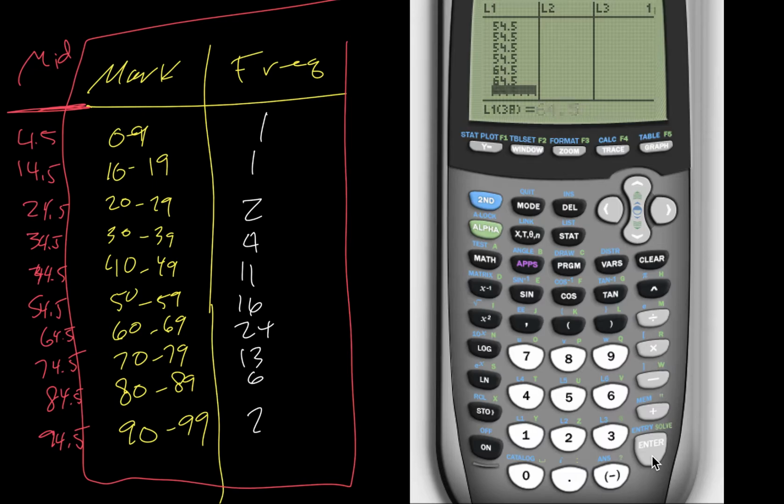So 1, 2, 3, up to 24. Alright, now we got 74.5, and we got to do that 13 times. 1, 2, 3, up to 13, whoops.